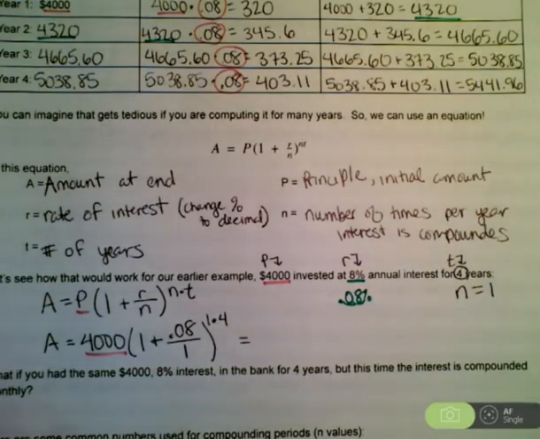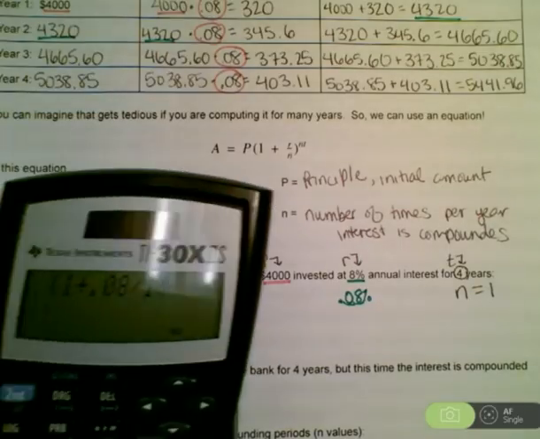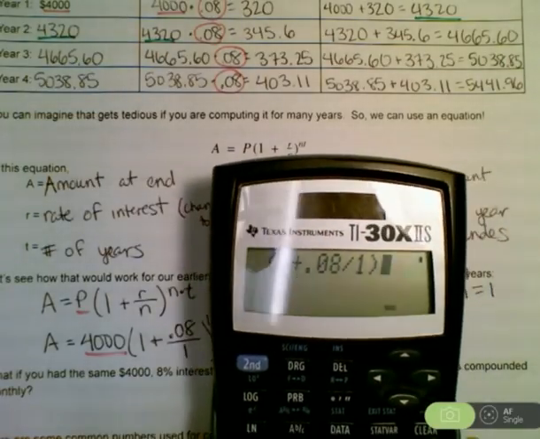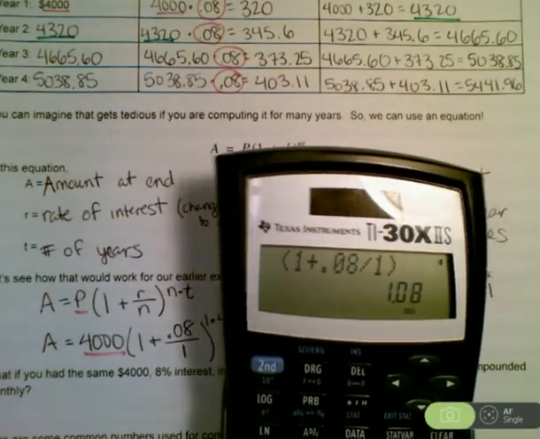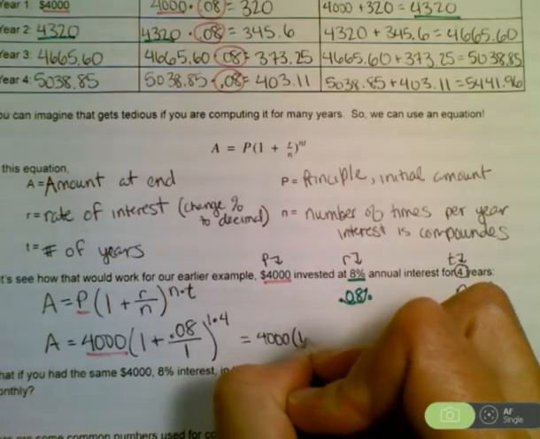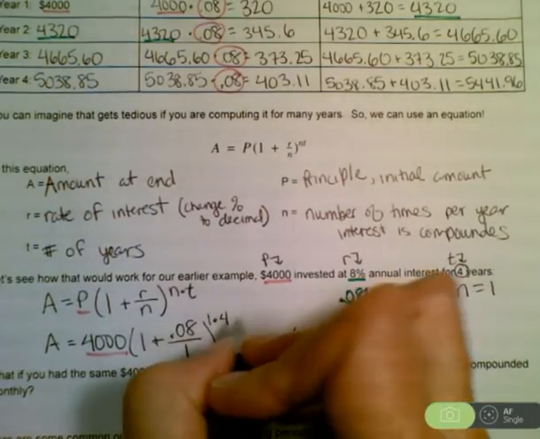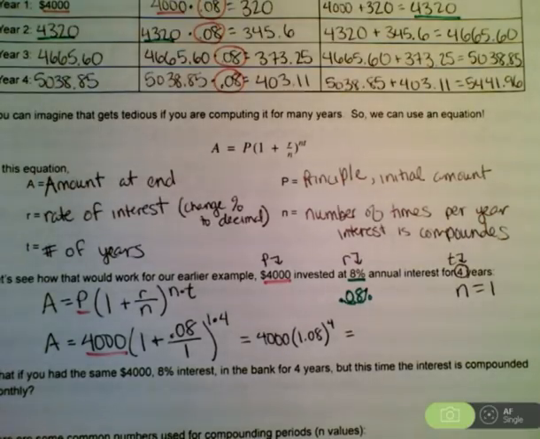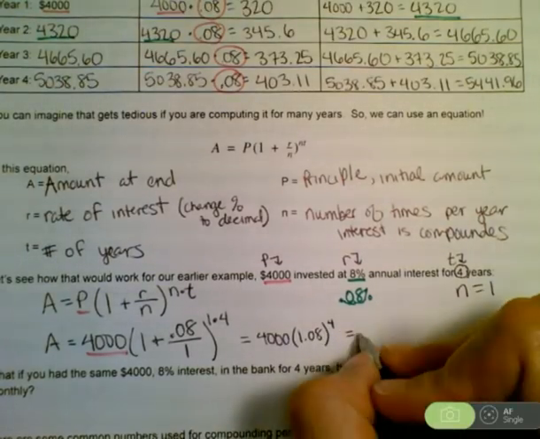So if I do 1 plus 0.08 divided by 1, and just so you can see, that's what that looks like. Close parentheses, enter, 1.08. So I get 4,000 times 1.08 to the power of 1 times 4, which is 4. Now I'm going to do 1.08 to the power of 4, because my exponents come next.